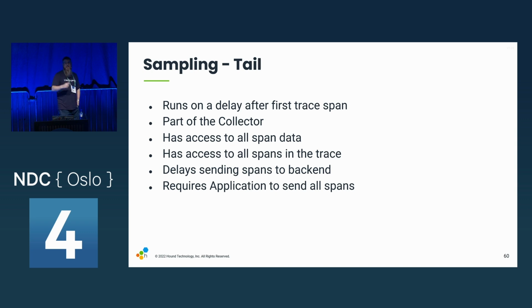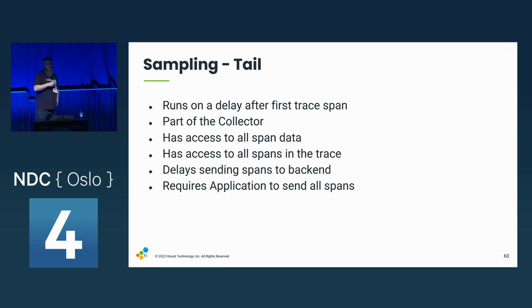It has access to the status of all of those spans, the duration of all of those spans. It has downsides. It means we're delaying sending it to the back end. So if your spans are generally taking 30 seconds to complete, it means you've got 30 seconds before we even think about starting to send those to the back end.